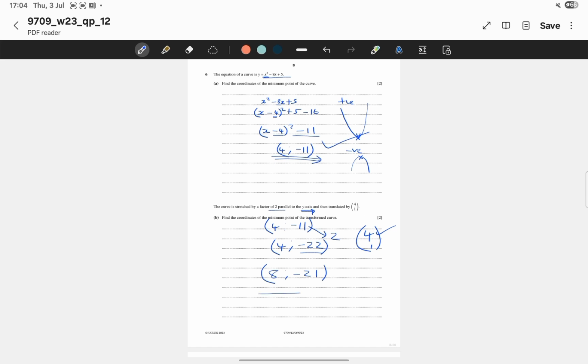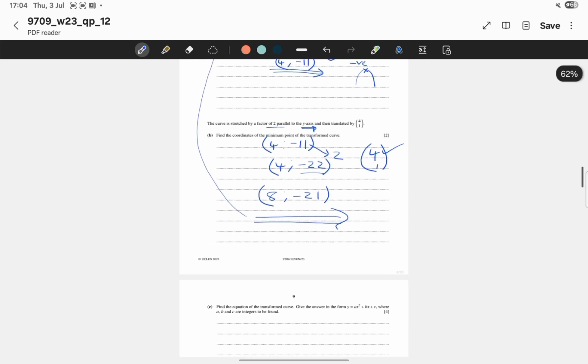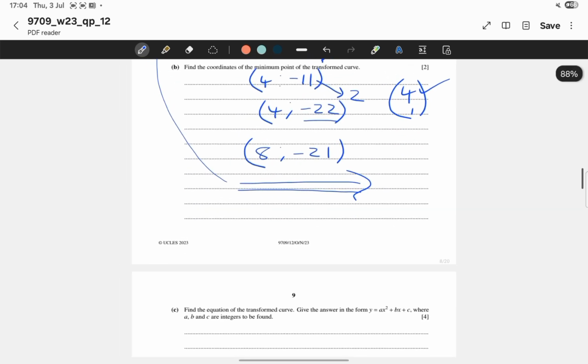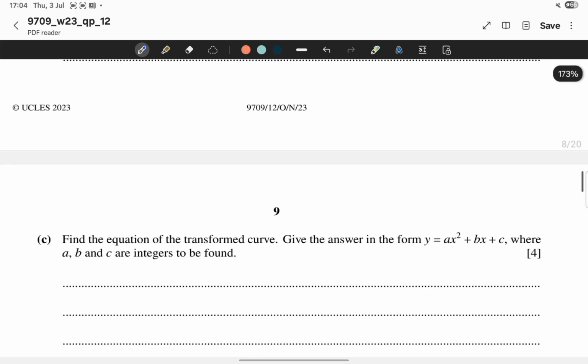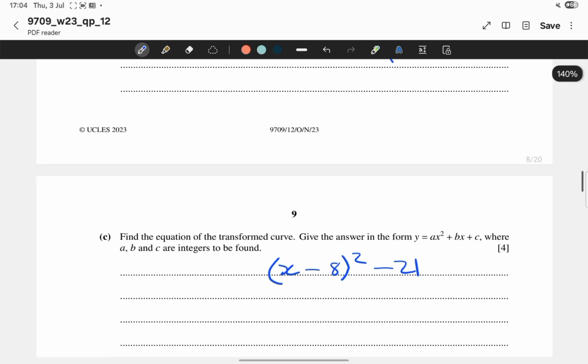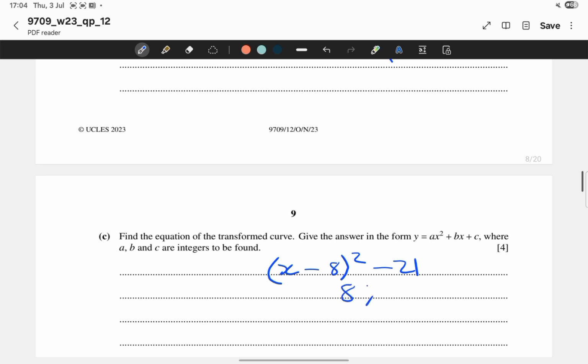I'm going to reverse this new coordinate to this, right? So if these are the x and y coordinates, it means the completed square form was looking like x minus 8 squared and minus 21, right? For us to get 8 and minus 21 as our coordinates.